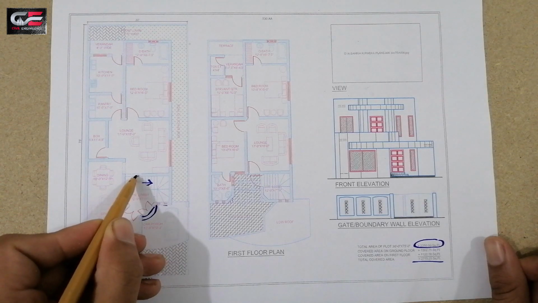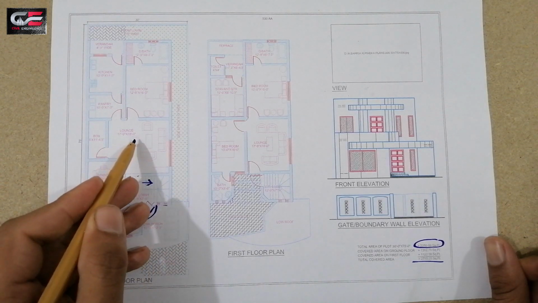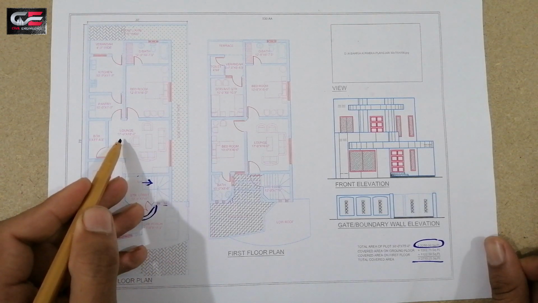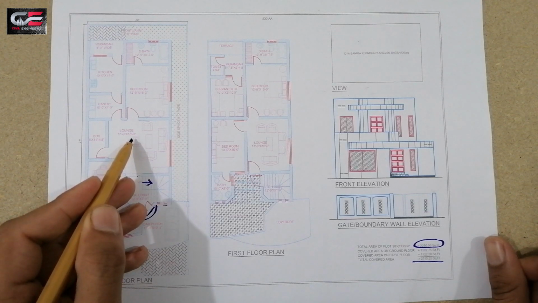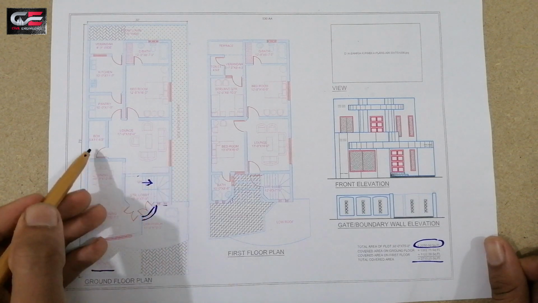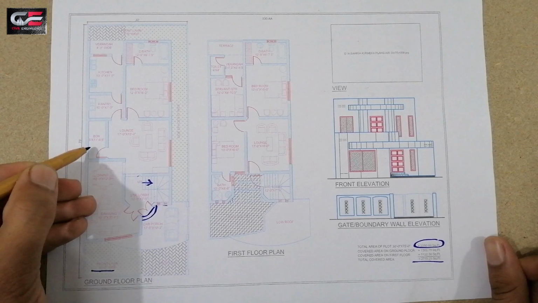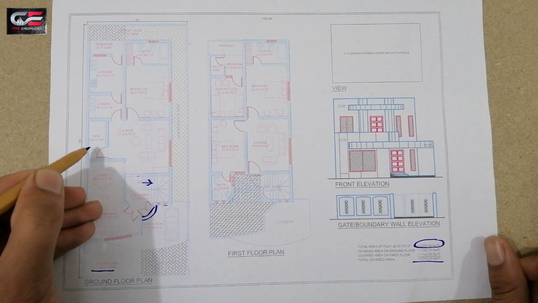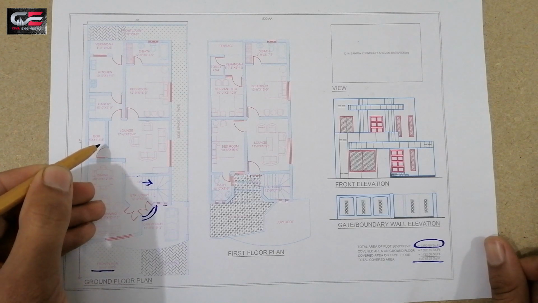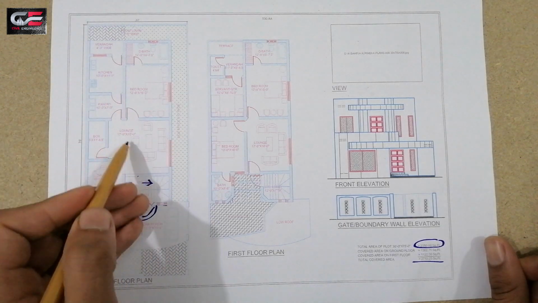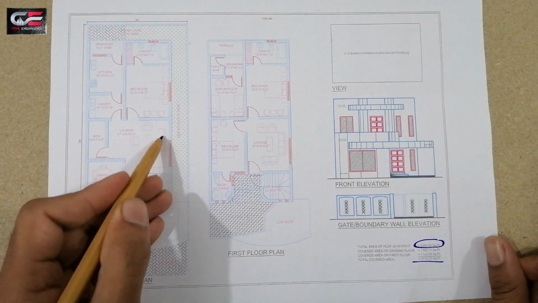You can see guys, this is also the entrance to this lounge, which size is 17 feet 9 inches by 18 feet. And this you can use as a store, which size is 5 feet by 11 feet 4.5 inches. This is the bedroom from this TV lounge. This is the sitting area.